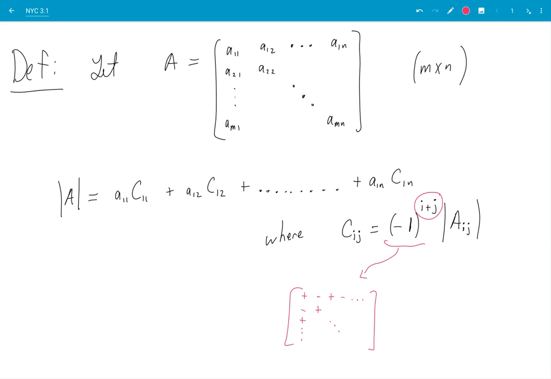For example, if i and j are both 1, then you have (-1) squared, which is plus 1. And if you have i is 1 and j is 2, then you have (-1) cubed, which is the minus here. Anyways.